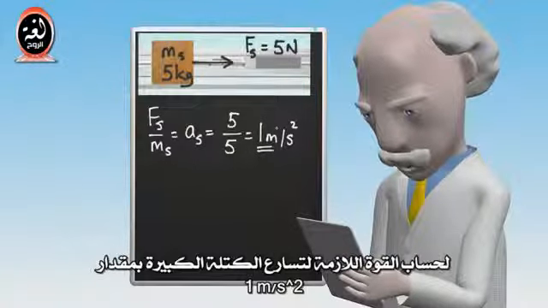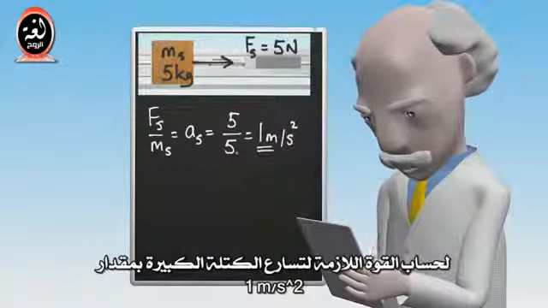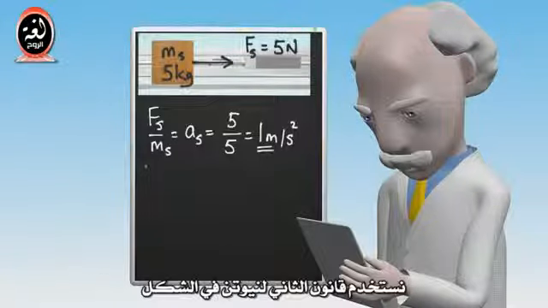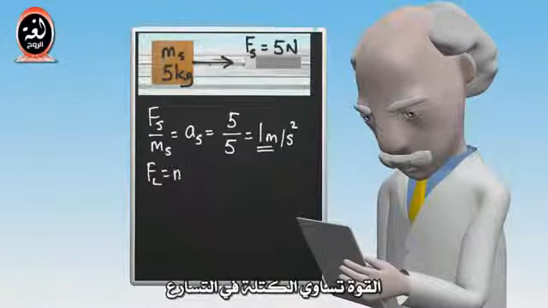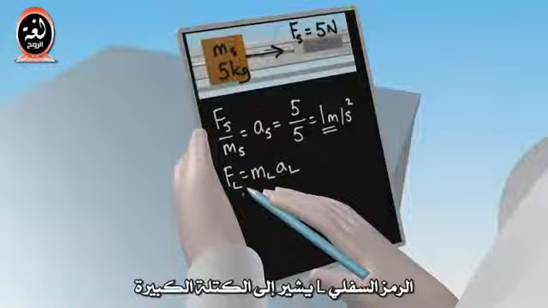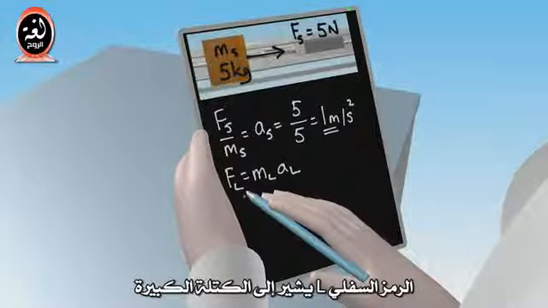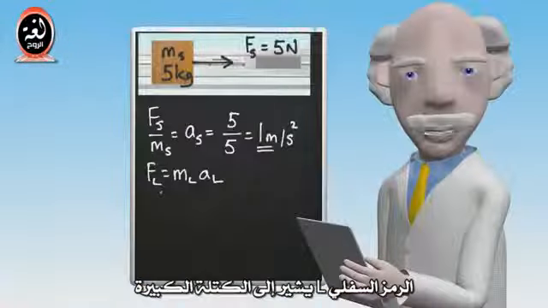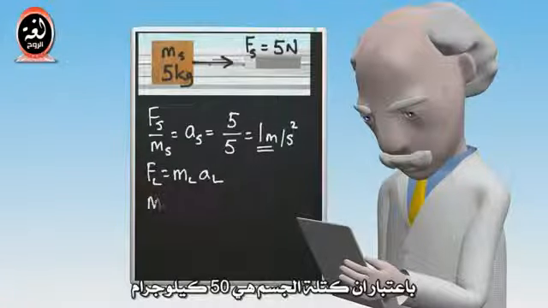To calculate the force required to accelerate the large block at 1 meter per second squared, we use the second law in the form force equals mass times acceleration, where the subscript L indicates that we are referring to the large block for this part of the calculation.